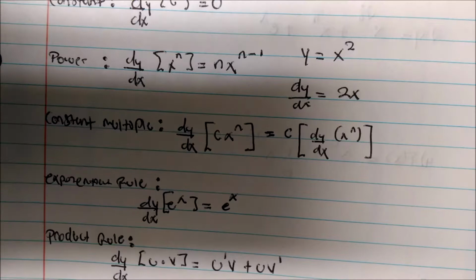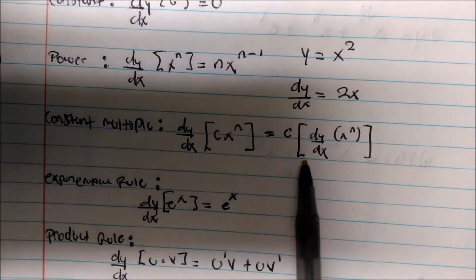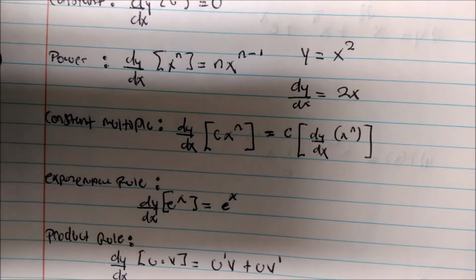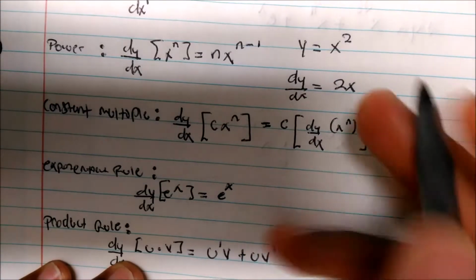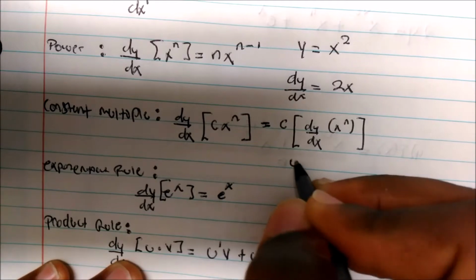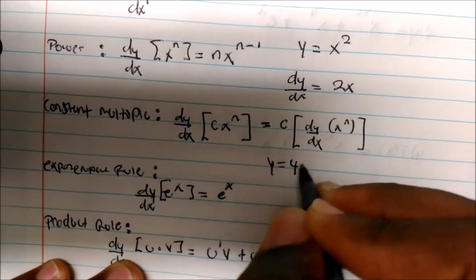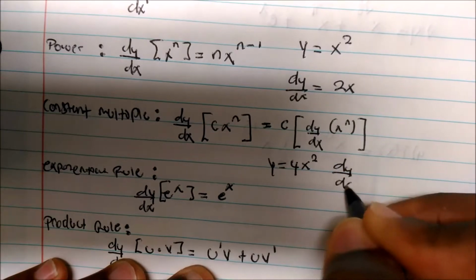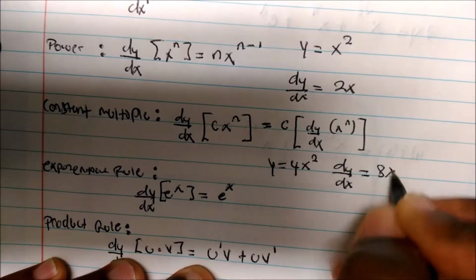Look at the constant multiple rule. The derivative with respect to x of a constant multiple, c x to the n, is just the constant multiplied by the derivative of the inside, right? So in other words, if you have y is equal to 4x squared, well, dy with respect to x is just going to equal 8x, right?